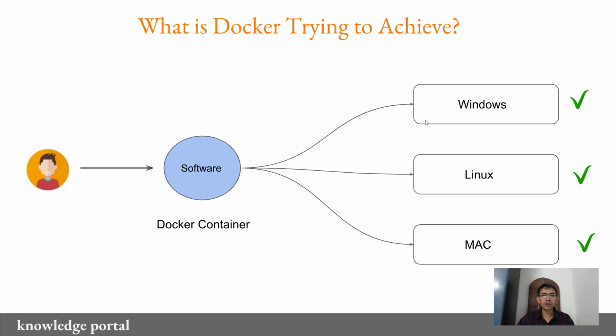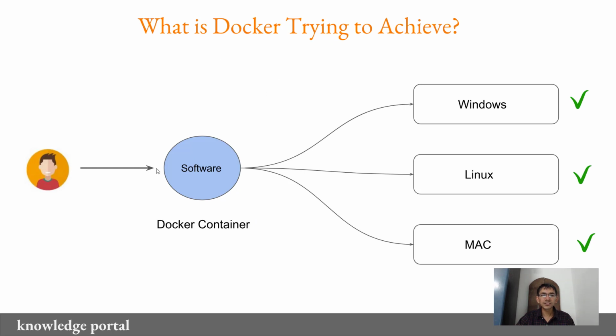Now he can deploy the Docker container in Windows, in Linux, and in Mac, and he can be 100% sure that the Docker container software that he has tested in his local environment will work perfectly in Windows, in Linux, in Mac, and in all the operating systems which Docker supports.